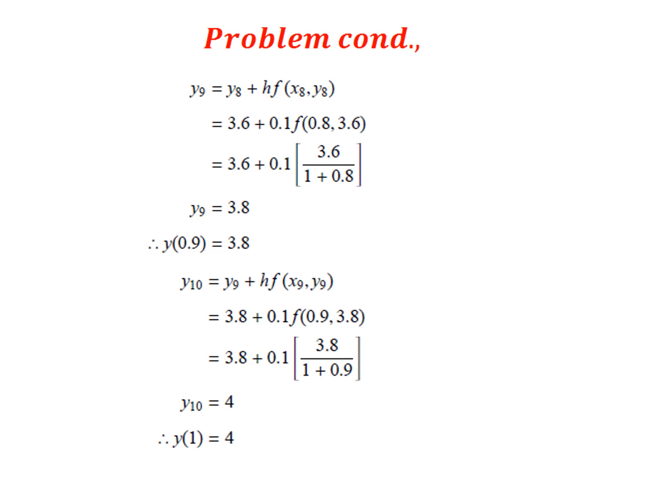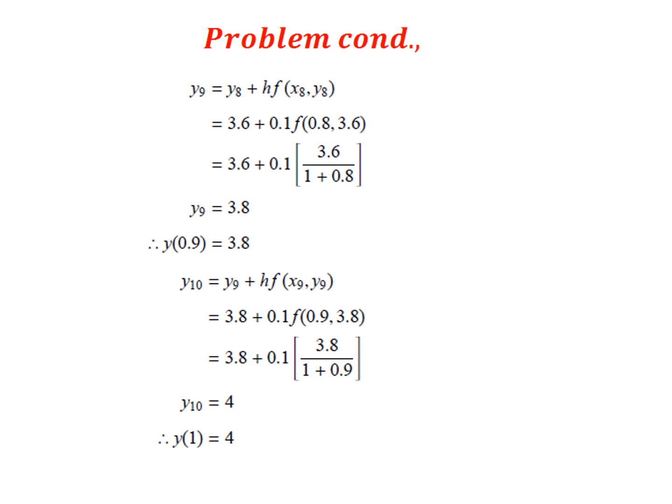Okay, y10 is equal to y9 plus h into f of x9 comma y9. So now y9 value is 3.8 plus h value is 0.1. F of x9 is 0.9 comma 3.8, that is y9 value. From f of x comma y, I will get this particular one after replacing x is equal to 0.9 and y is equal to 3.8.